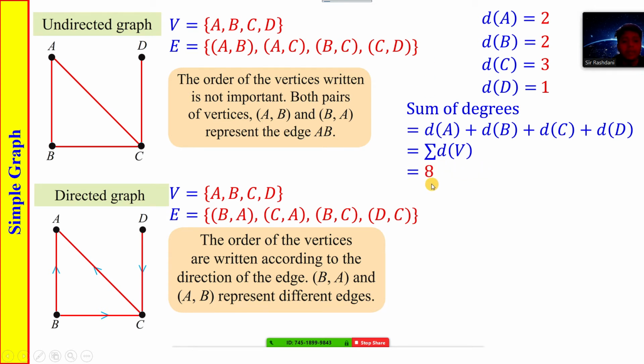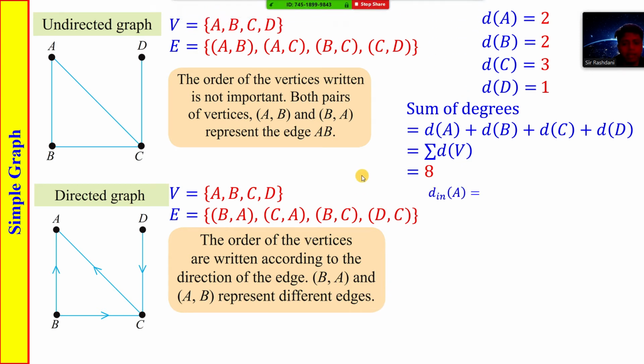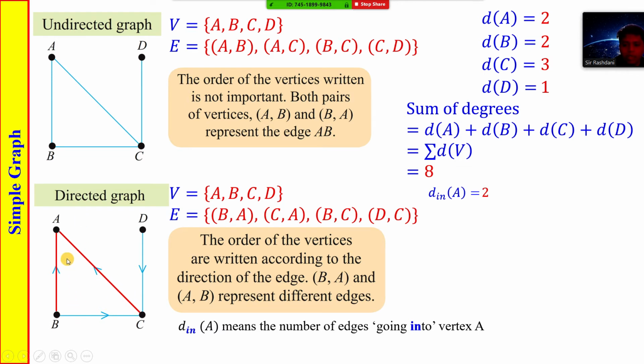So the sum of degrees is equal to 8. For a directed graph, we have special things: in and out. The degree in of A means the number of edges going into vertex A, so it will be 2 because 1, 2 in here.